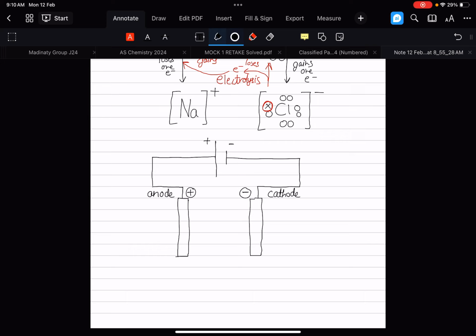And what's remaining now is the ionic compound or the conductor or the electrolyte of the electrolysis. An electrolyte is the aqueous or molten ionic compound that undergoes electrolysis or that conducts electricity. So the molten or aqueous compound that conducts electricity. Okay, so let's say the electrolyte in this case is molten sodium chloride.